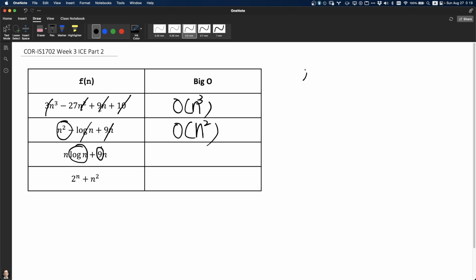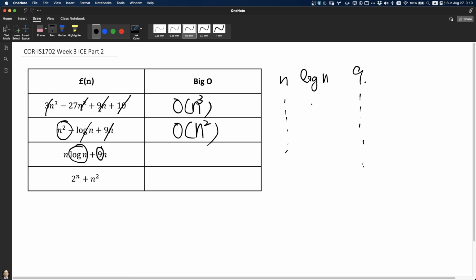So if you write it on the side, you have log n, you have 9. 9 stays the same, right? No matter how you change your n value, 9 will always be 9. But as n grows larger and larger, for example, eventually you can try something that's really large, let's say 10 to the power 100. Then even with a log n with 10 as the base, you have 100, right?